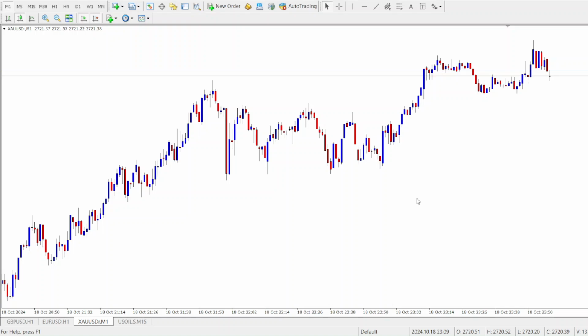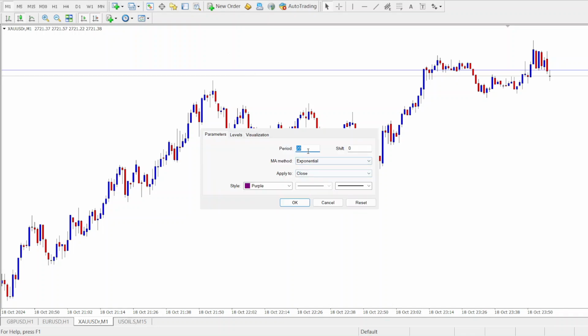And by doing that, we're just going to be differentiating the two main moving averages, which are the simple moving averages and exponential moving averages. Now, as for the simple moving average, it's calculated by averaging the price over a specific number of periods. For example, if you have a moving average with period 20, it shows that the moving average is averaging the price over 20 periods.